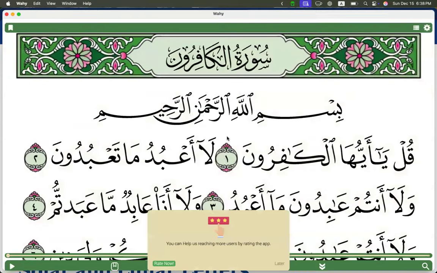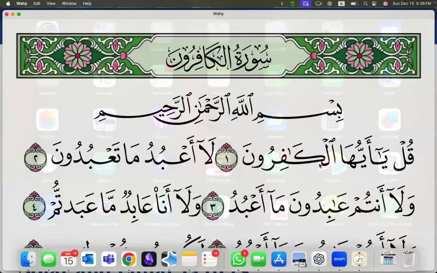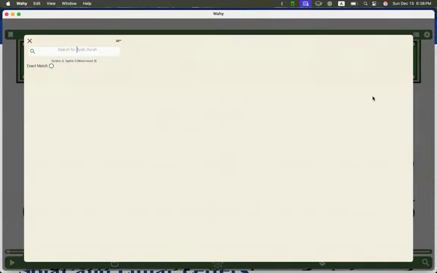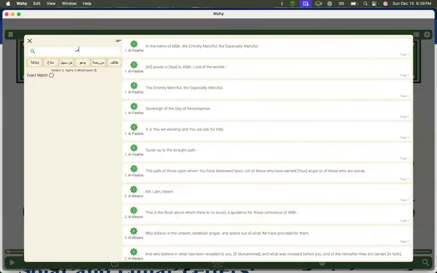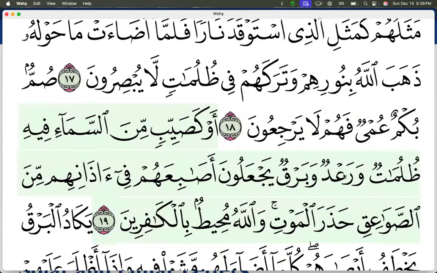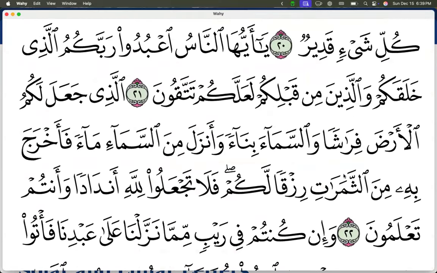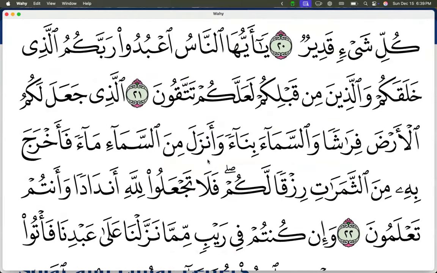For example, this is the 22nd ayah in Surah Al-Baqarah. Don't forget, the 22nd ayah of Surah Al-Baqarah.